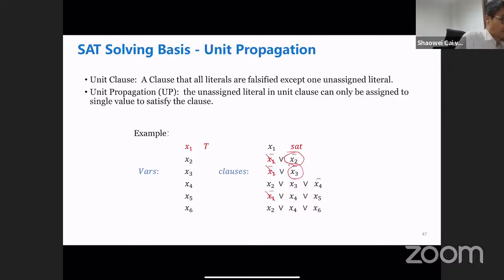Then we can continue to do unit propagation, assigning x2 to false and simplifying the formula again, and then assigning x3 also to false and simplifying the formula. When we do this until there is no more unit clause, this is the procedure of unit propagation.